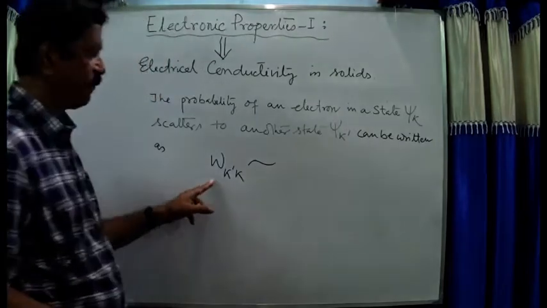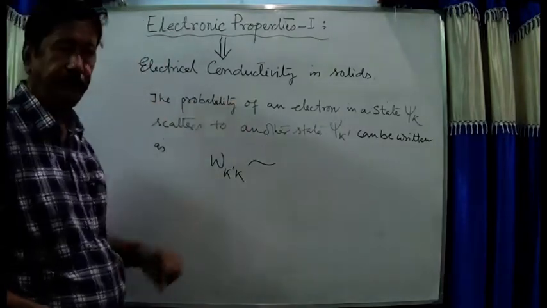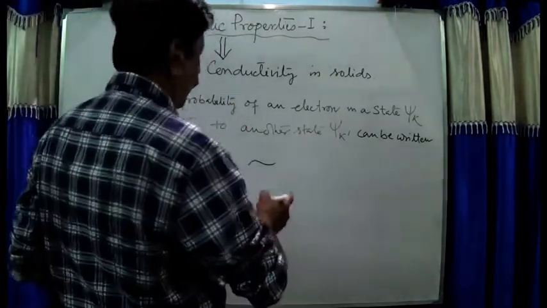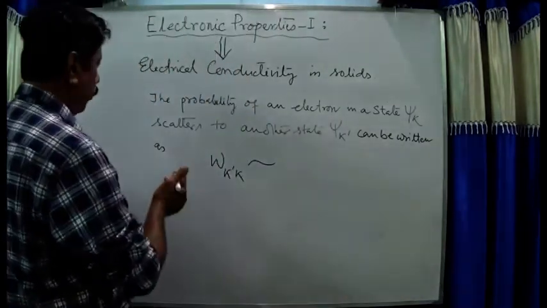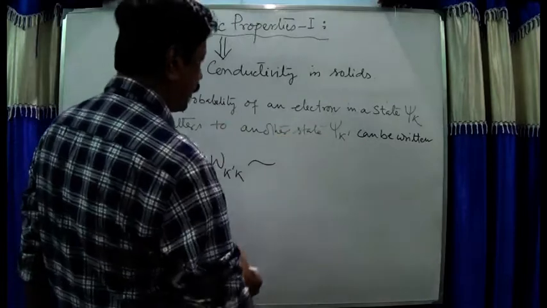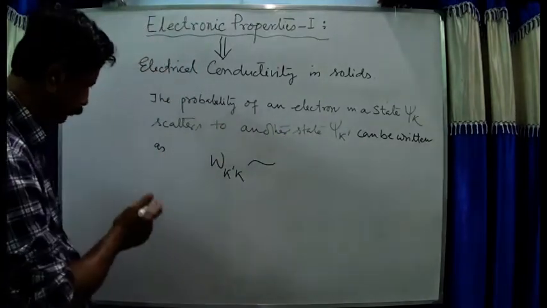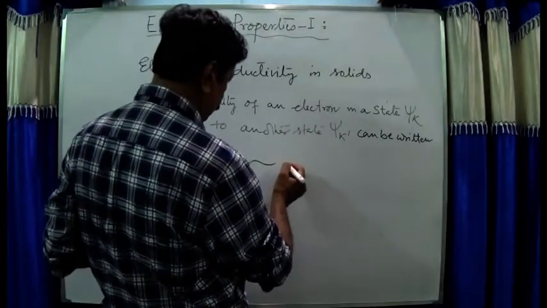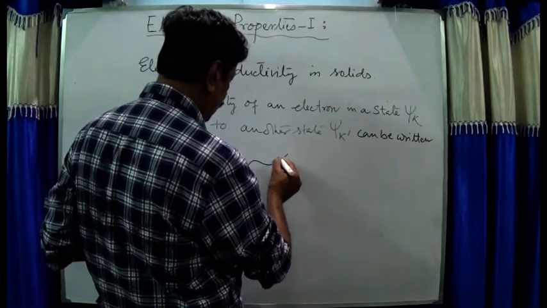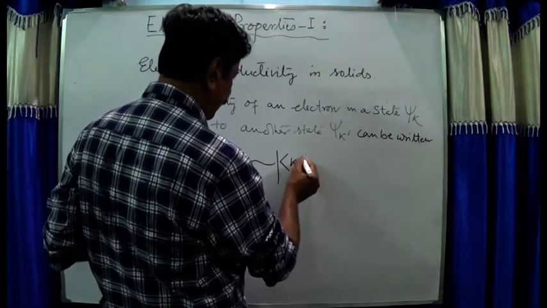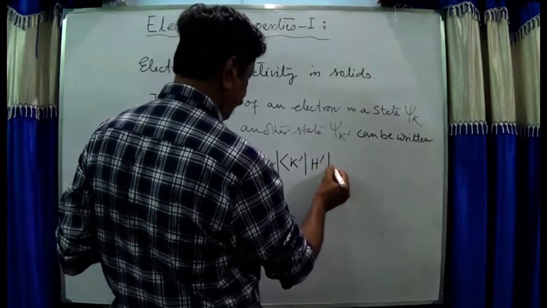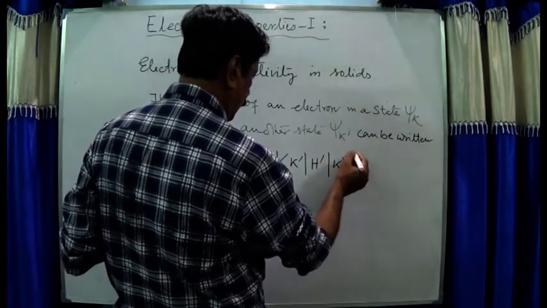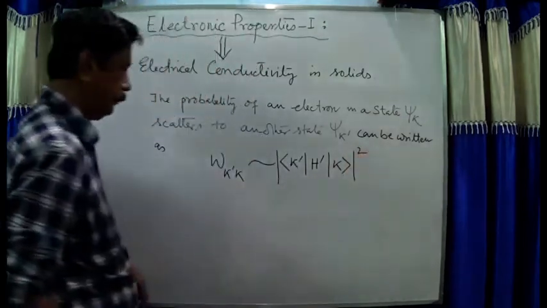So W k prime k is the probability for an electron in state psi k to scatter to another state psi k prime, given by the square modulus of the matrix element <k prime|H prime|k>.